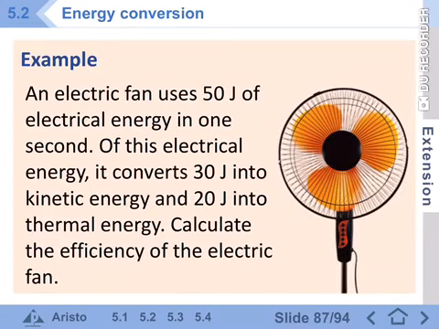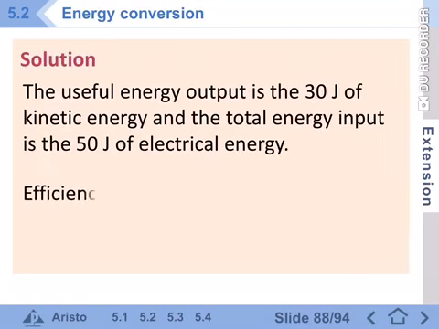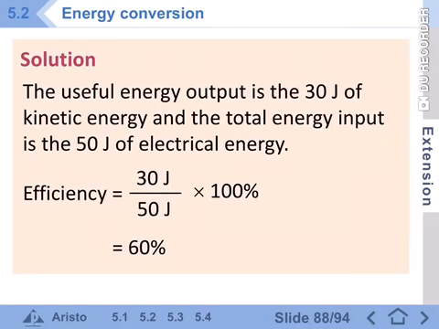So in here, let's take a look at an example of a fan. We have an input of 50 joules, and it's converted into 30 joules of kinetic energy, and then 20 joules as thermal energy. So in terms of solution, it's 30 over 50, because the input is 50, and the desired output, the kinetic energy of the fan moving, is 30 joules.